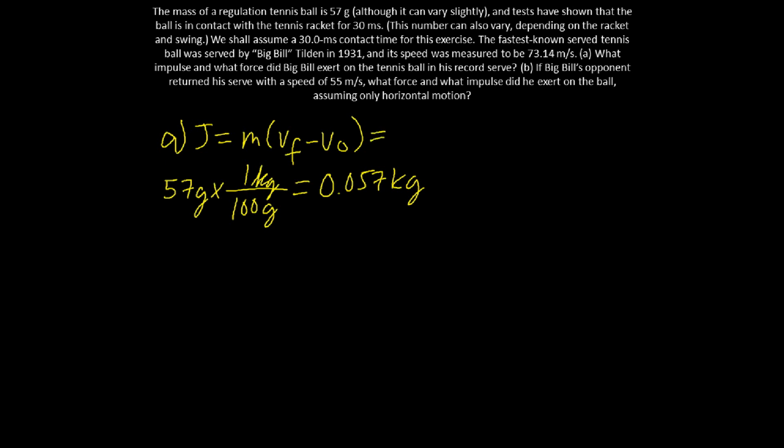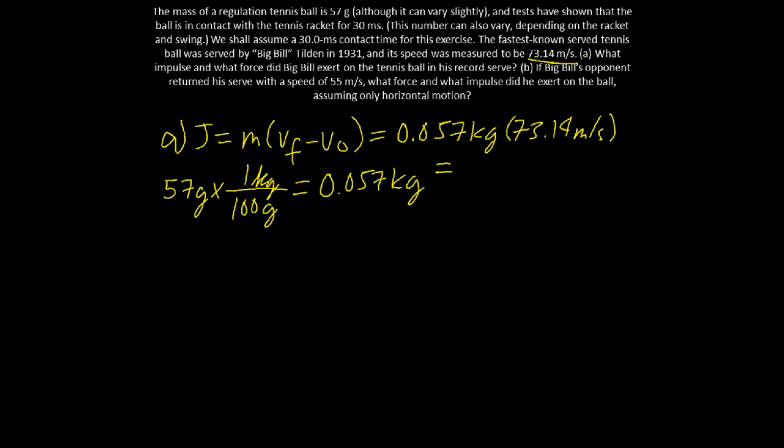Now substituting the values given in this problem in this formula, we will have 0.057 kilograms. VF, the final velocity, is 73.14 meters per second, and there is no initial velocity given.